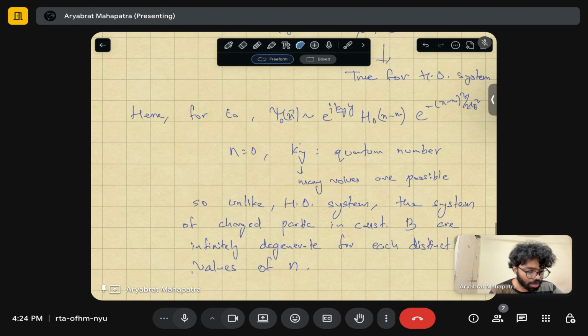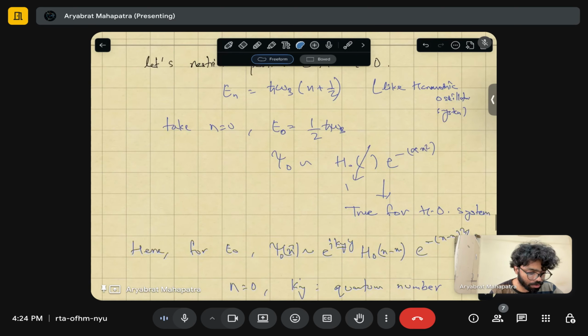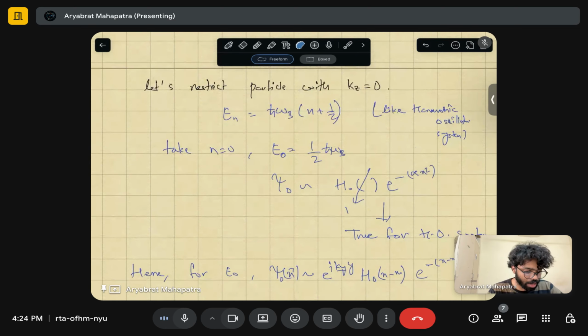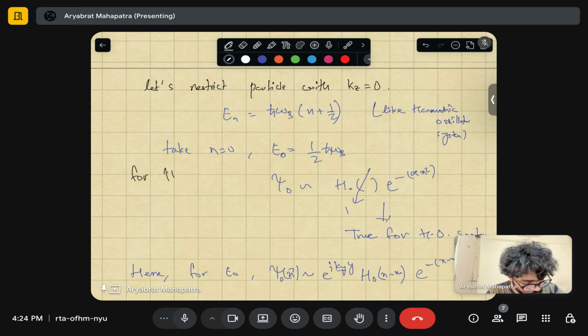So these are each and every possible eigenstate. For example, in a harmonic oscillator, for n equals to 0, the energy is simply half h bar omega, and corresponding to it you have only one single eigenwave function, psi 0. I'm just talking about a single 1D harmonic oscillator system.